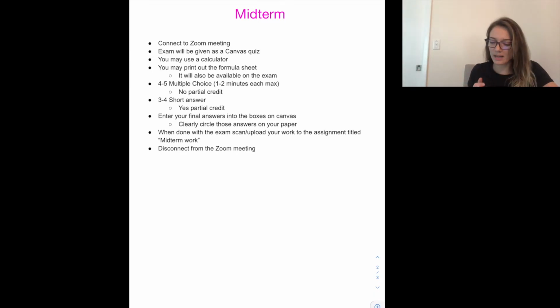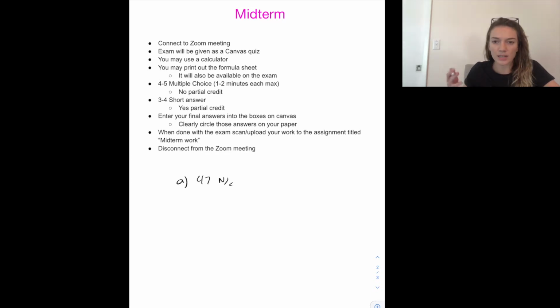Now for the short answer, you have to enter in your final answer that you have on your work. Enter that into the box that is available on Canvas. So you'll see, just like in the practice exam, after each short answer question, there's a box where you can enter in text. Now to enter in your answers on Canvas, it doesn't have to be a fancy formula or anything. So for example, for one of the questions, for part A, you get like 47 newtons per coulomb or something.